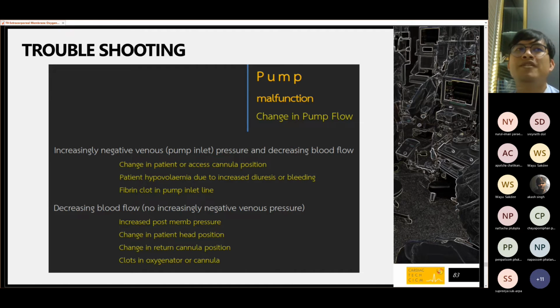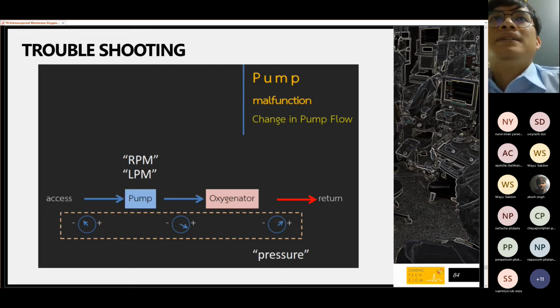Here are the malfunctions and management, cause and management, for the pump. Sometimes if both the pump and the oxygenator fail and the patient is nearly ready to wean, we may consider weaning, like okay, you're going ahead with weaning because we're going to stop soon.